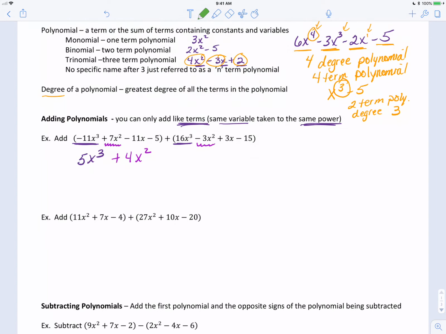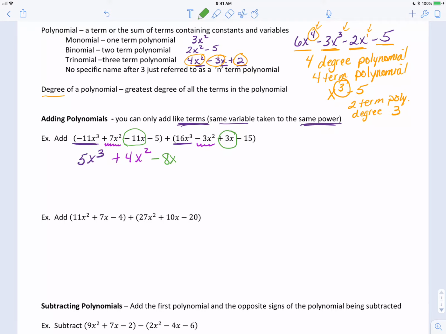So then the next term that we're going to add together, because we're going in those descending power orders, is going to be this negative 11x and the 3x over here on that side. So negative 11 plus 3 is negative 8x. You notice we're only adding and subtracting those numbers.